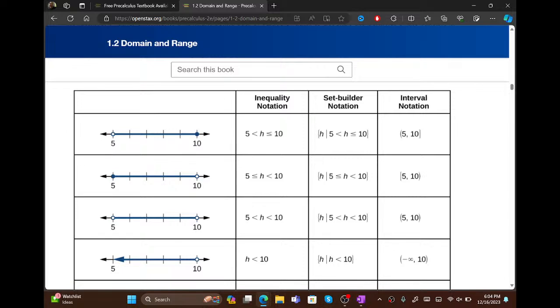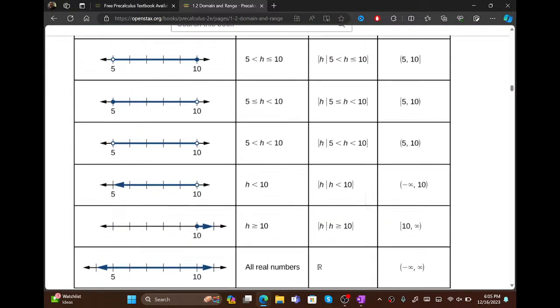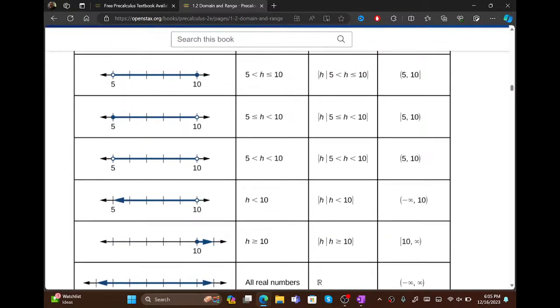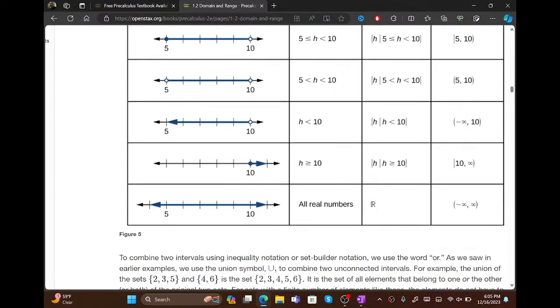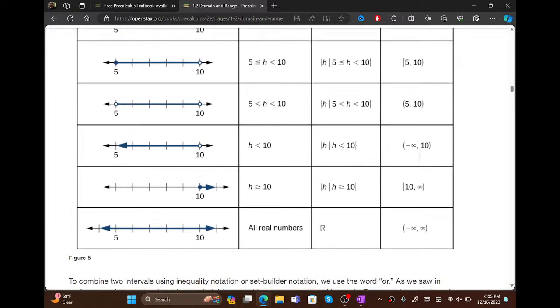Mostly they'll ask you to put it in interval notation, but it's still good to know, right? It basically means that you're going to put an open brace, and the x, and then put the line, and then put the interval that they're giving you. That's all that means. So I'm not really going to spend a lot of time with that.